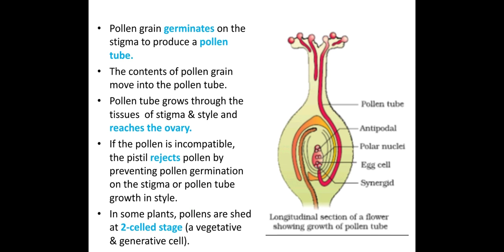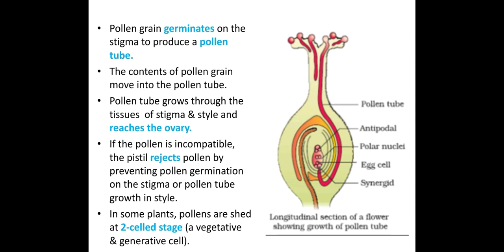The contents of the pollen grain move through the pollen tube, and the pollen tube grows through the tissues of the stigma and style and reaches the ovary. In the diagram you can see how the pollen is germinated, how the tube is grown, how it is penetrating the tissues of the stigma and the style, and finally reaching the ovary. There is a longitudinal section of the flower showing growth of the pollen tube.